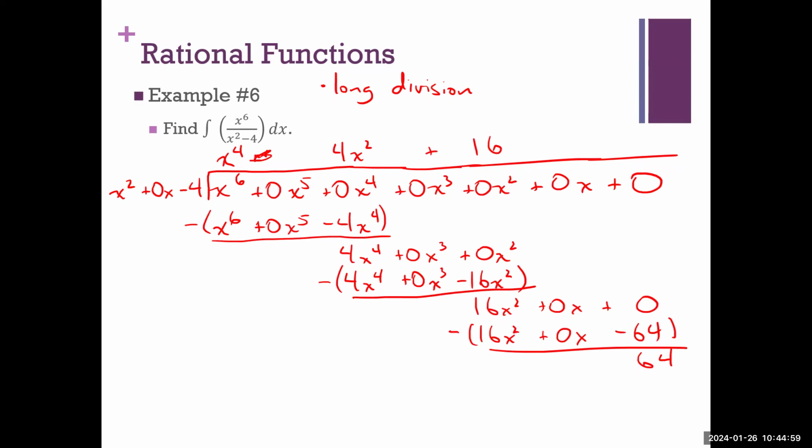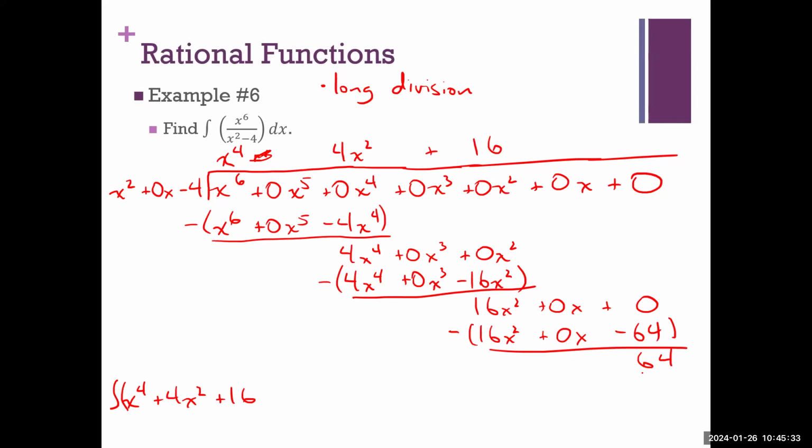I believe we're done with the division, but what did we learn? Okay, so we got our new integral, which is what? So yeah, I've got our quotient. So x to the fourth plus 4x squared plus 16, and then the 64.